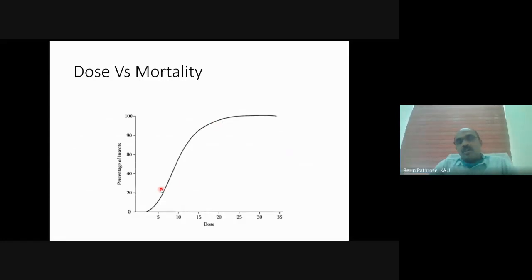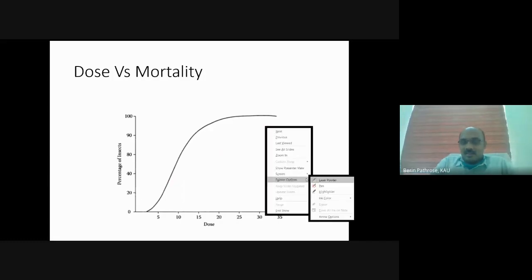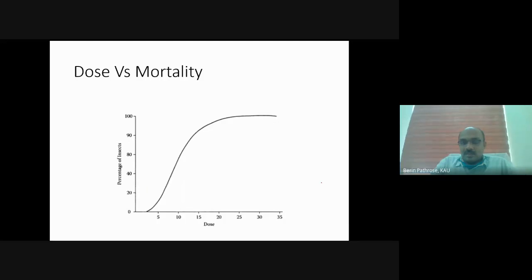If you have studied regression analysis, data should be linear, just like this. If we have data like this, we cannot analyze it by regression analysis. So that is one particular drawback with our mortality data.